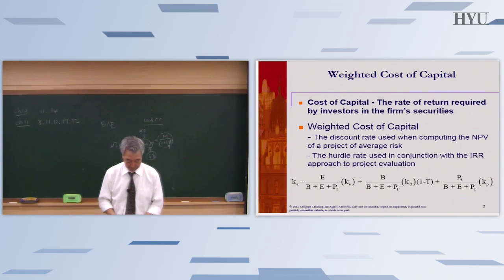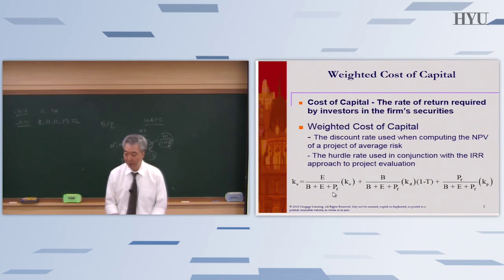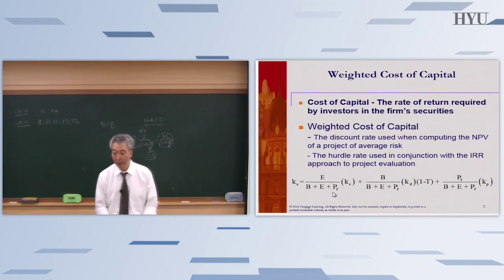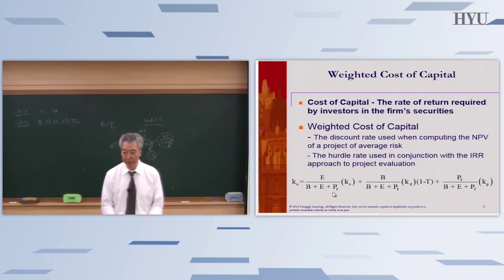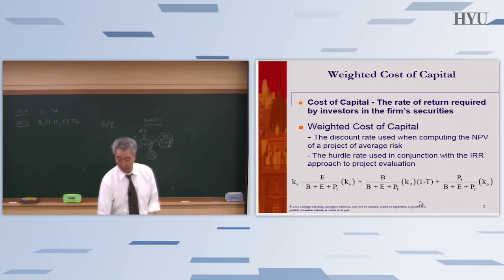Okay. All right, so if you look at the first component here, equity divided by B plus E plus P. What is B plus E plus P? What can you say? Asset or total capital. Total capital, right? So the denominator here is total capital.